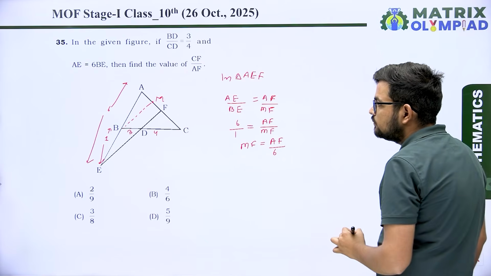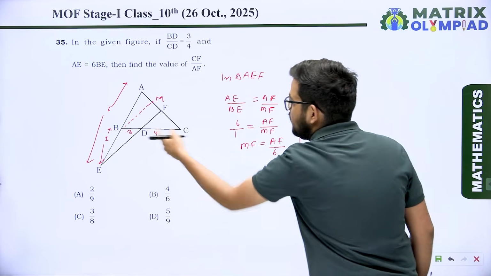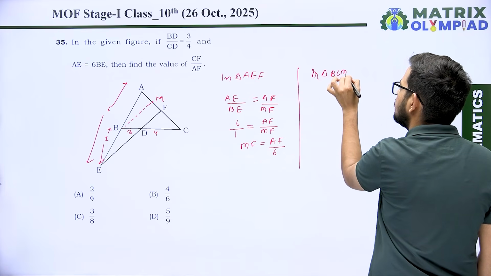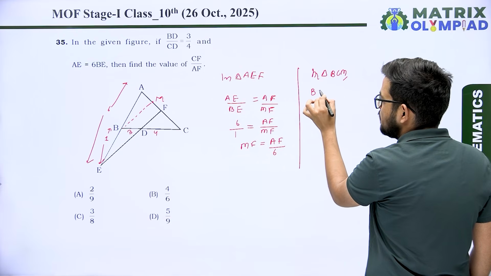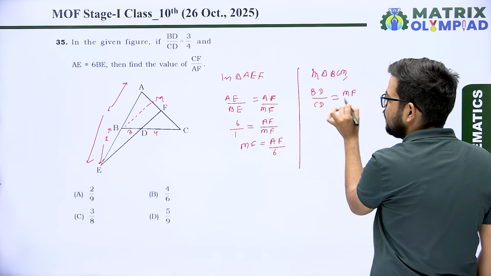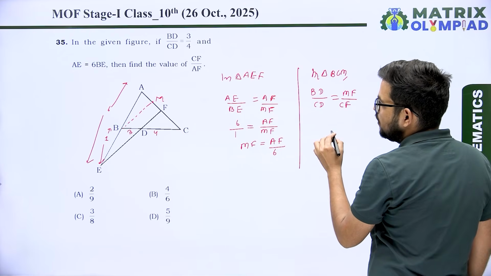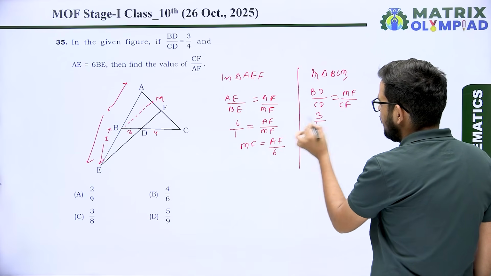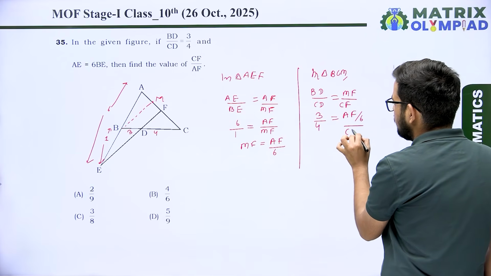Okay. Now in triangle BCM, BD upon CD equals MF upon CF. So BD upon CD, that is 3 upon 4. The value of MF is AF upon 6, upon CF.